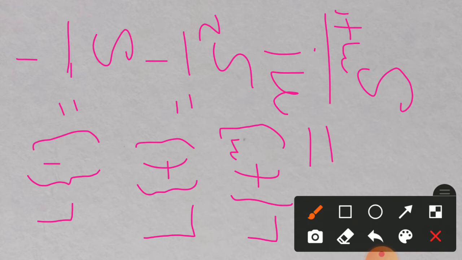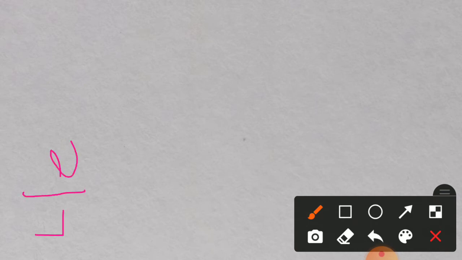This we have already proved. In the similar way, we calculated the Laplace transform of e raised to power at, and we proved that Laplace transform of e raised to power at is equal to 1 upon s minus a.